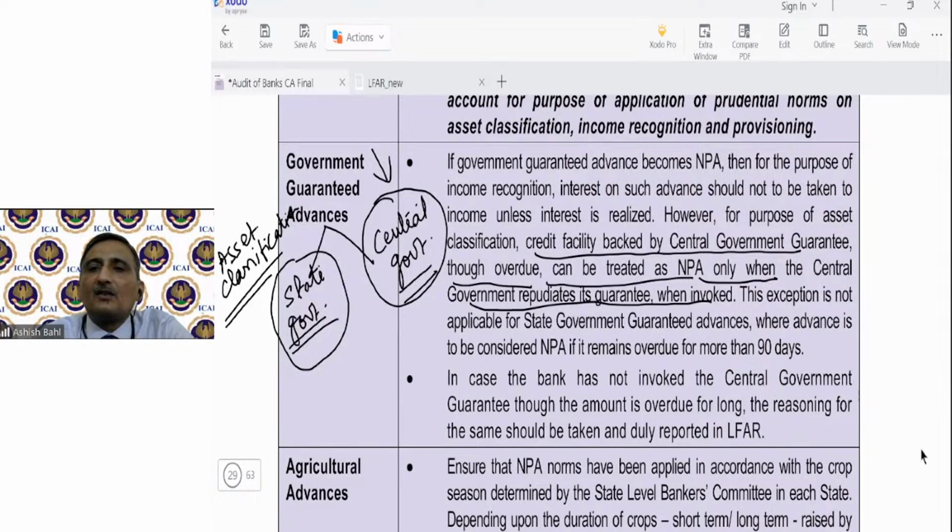Otherwise it doesn't become NPA. Here the guidelines make an exception, but the interest on such advance should be accounted for only when it is recovered, only when it is realized. Okay, clear?